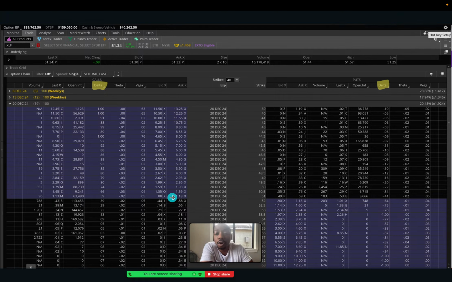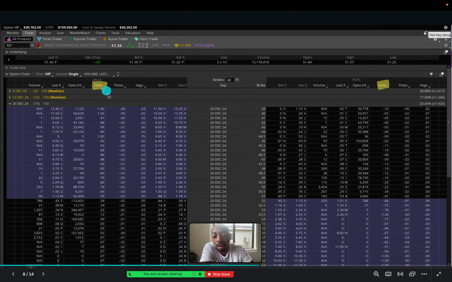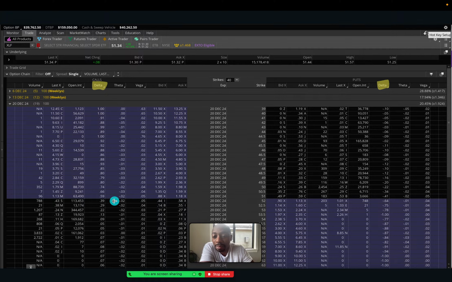And so if we go further in the money, and in the money is in this shaded region, while out of the money is outside of this shaded region, and we're talking about the call side, right? If we go further in the money, you'll see this delta get higher, right? And so the strike that is further in the money is going to have a higher delta, which means the closer you get to $1, the more this is going to behave very similar to the stock price, or the ETF price in this case, right?